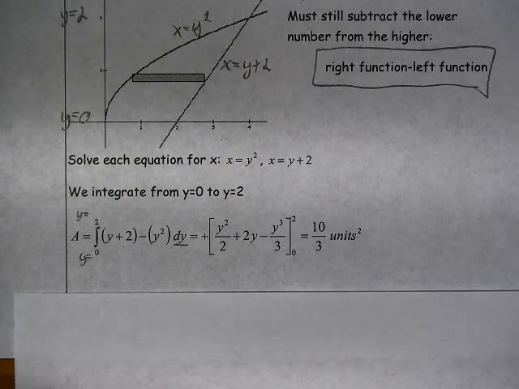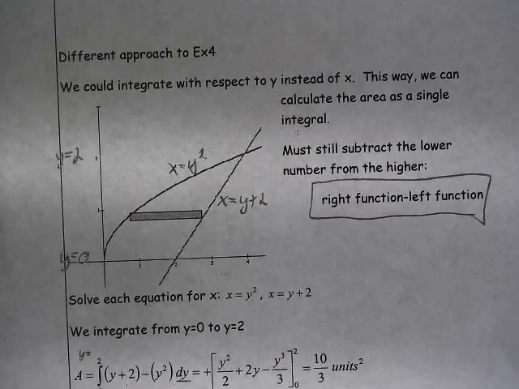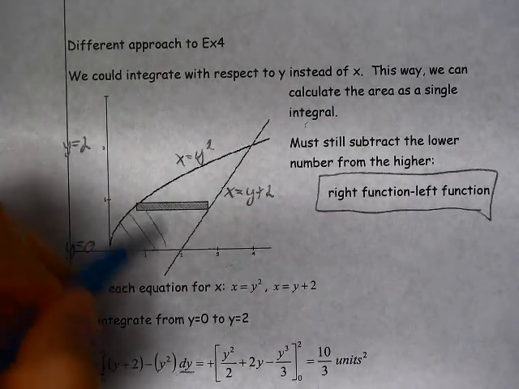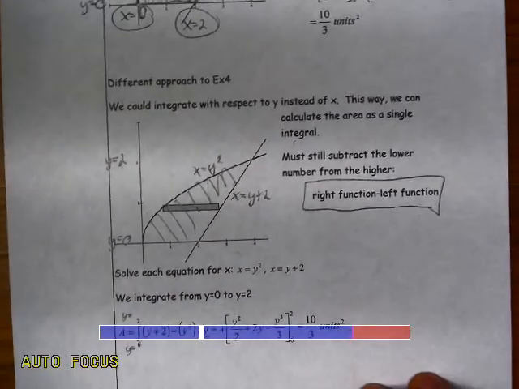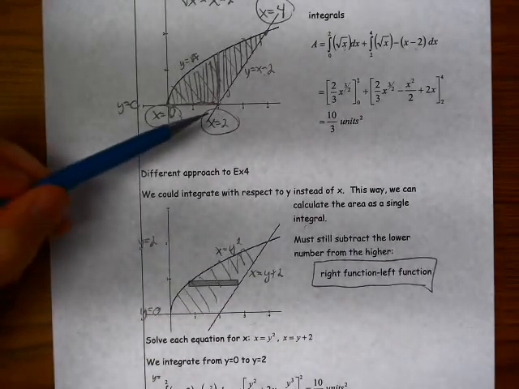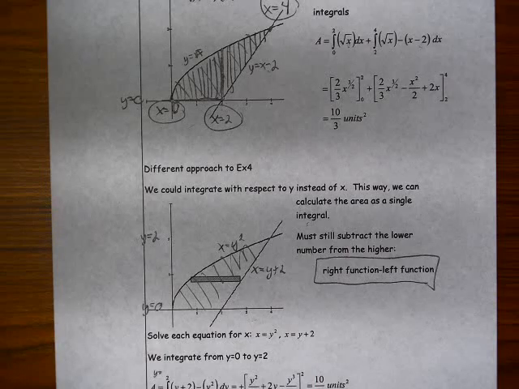Now, it's probably obvious, but it's worth taking note that regardless of how I do this problem, the area here is the same, right? The way that I evaluate that area doesn't change the area itself. So if I got 10/3 square units here, I should also get 10/3 square units there.